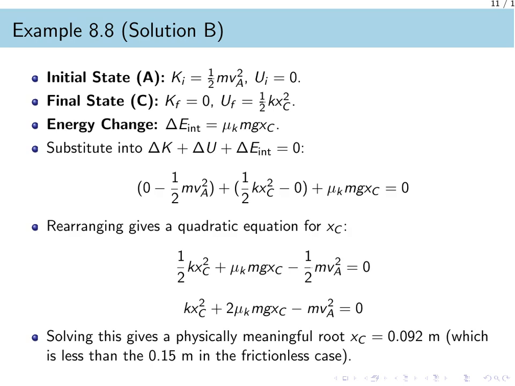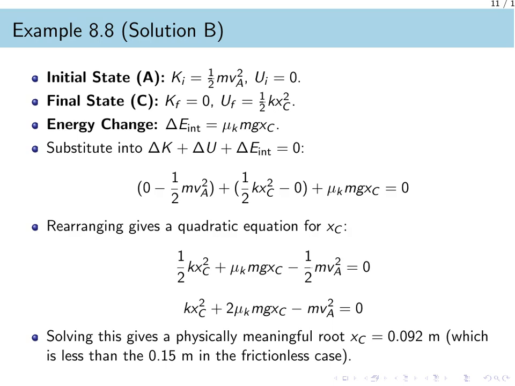But now we also have the change in internal energy, delta E internal, which is mu sub k m g x sub c. We substitute all three of these changes into our full energy equation. This gives us the quantity 0 minus 1/2 m v sub A squared, plus the quantity 1/2 k x sub c squared minus 0, plus mu sub k m g x sub c, all equal to 0.